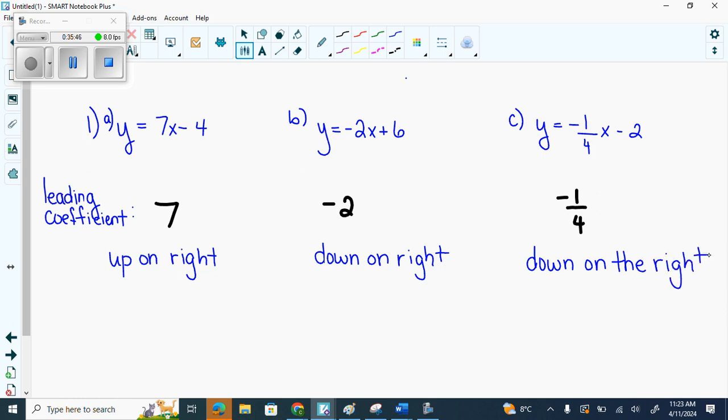Okay, I want you to list me the constant of all three. What is it? Tell me what the number is for the constant.